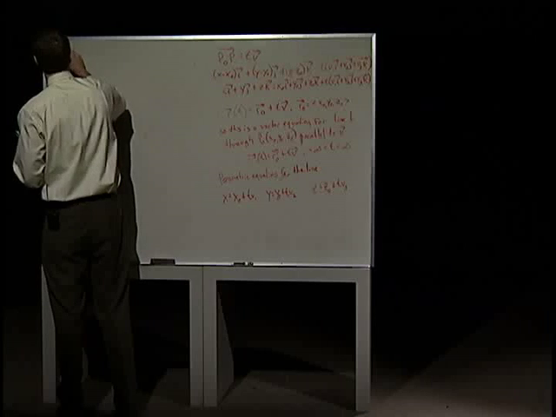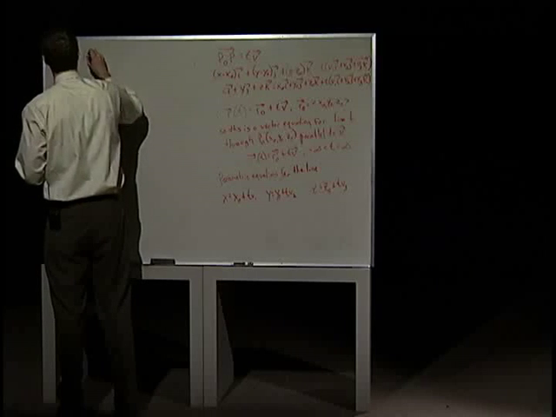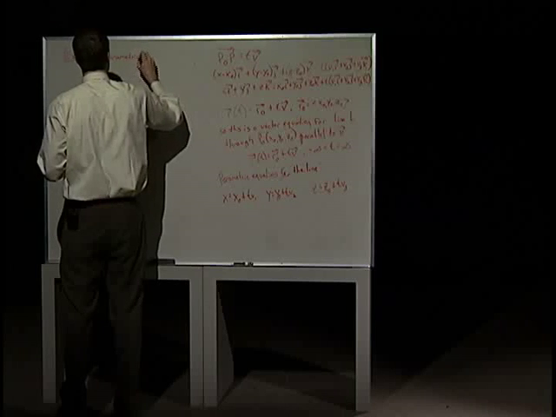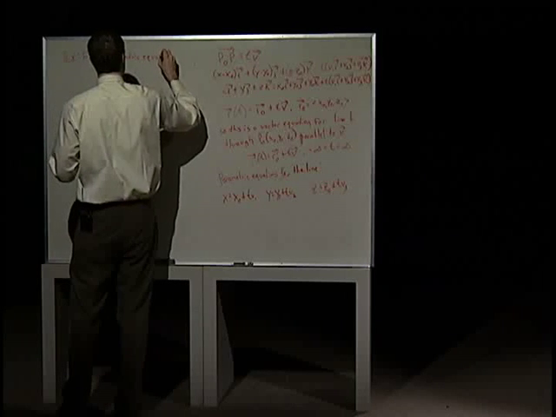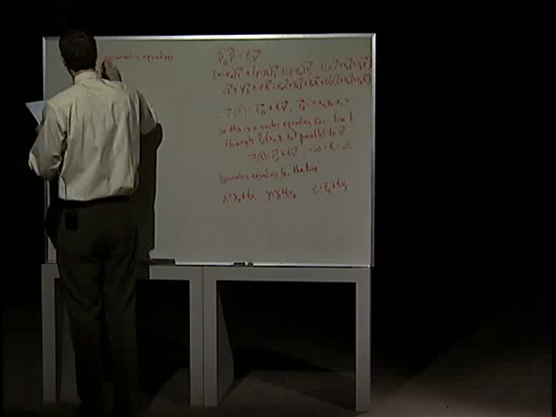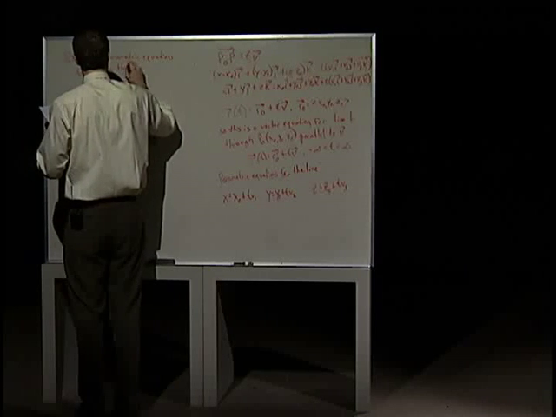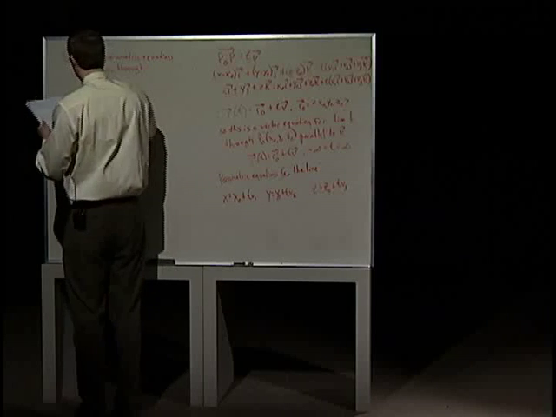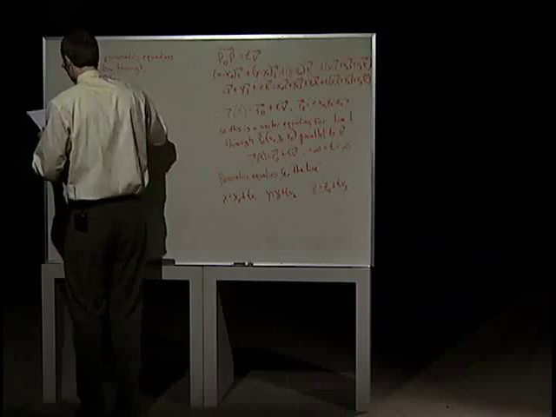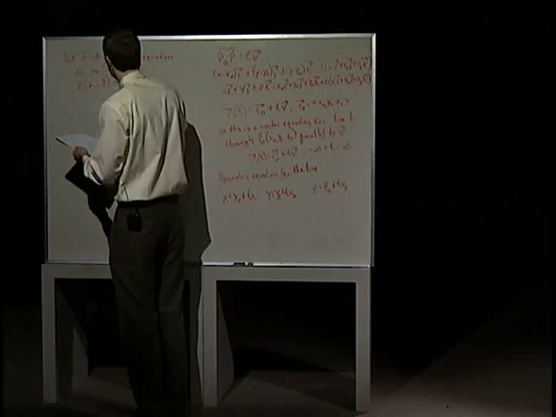So, example, let's find parametric equations for the line through 2 points. So just like in 2 space, 2 points determine a line. That's no different.